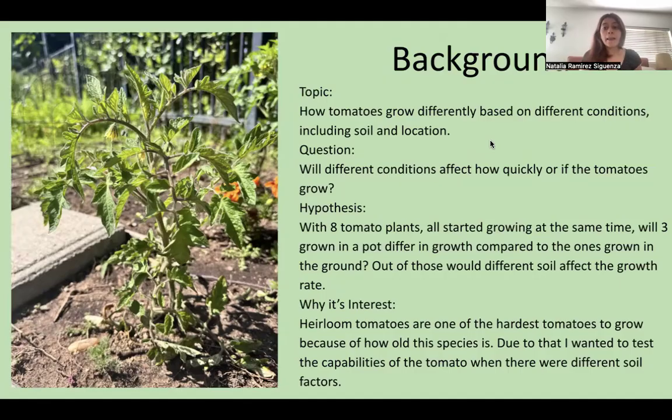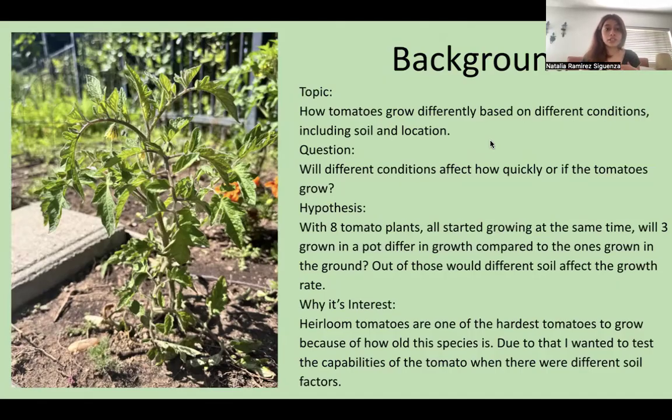And based on that, they all started growing at the same time, with three potted and three grounded, to see if those would differ in comparison, and basically how the soil would affect the rate. Because my main question was, would compost affect the rate of the growth of the tomatoes?